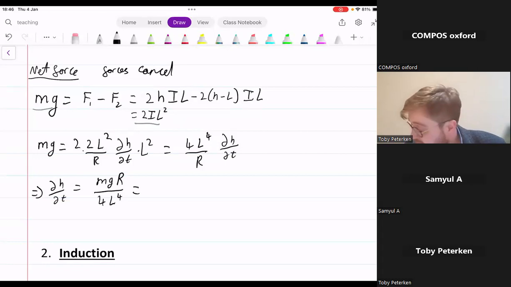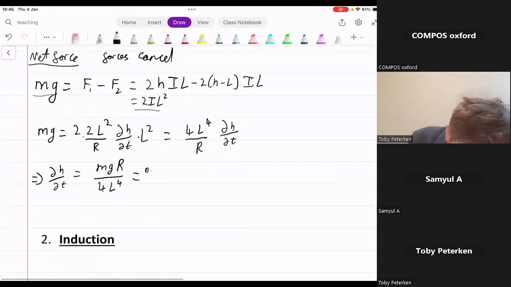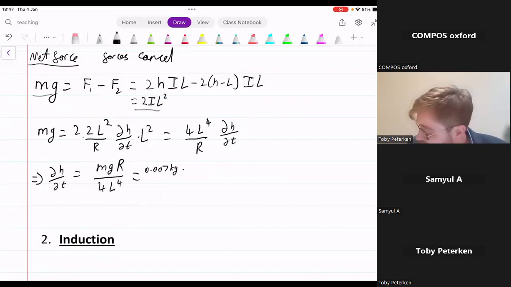And now let's plug in numbers. The mass was 7 grams, which is 0.007 kilograms. For g, let's just stick with 10 meters per second squared.